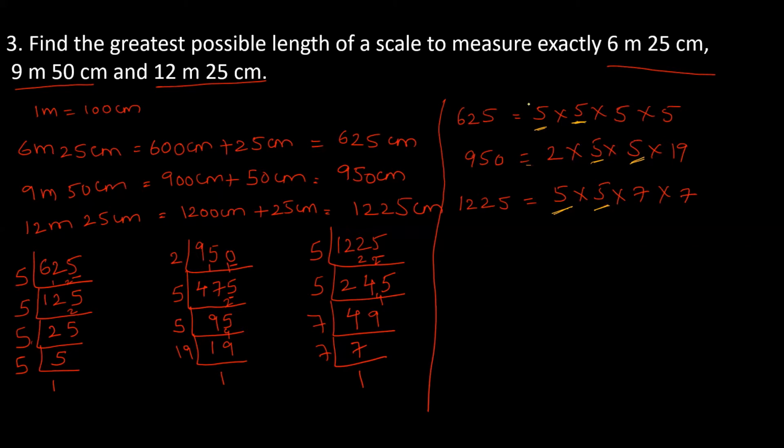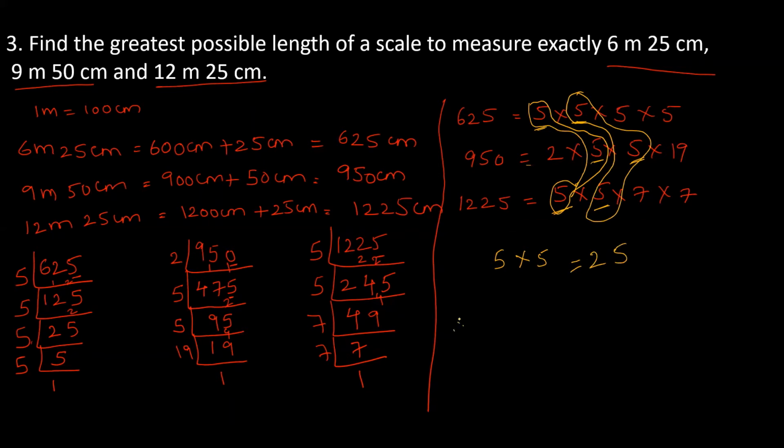So now select the numbers which are common. 5, and again 5 is common. That's it. Only these are the two factors which are common in all three numbers. So we have to multiply those common factors. 5 into 5. 5 5s are 25.